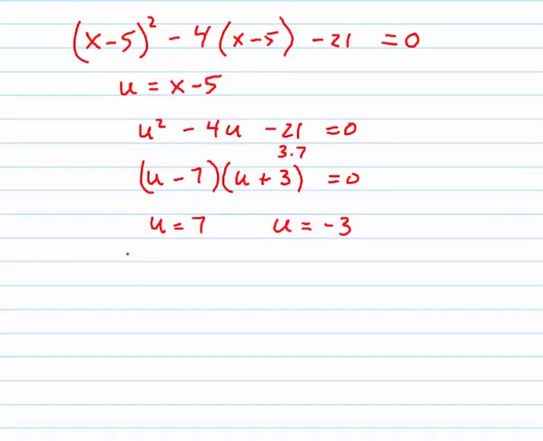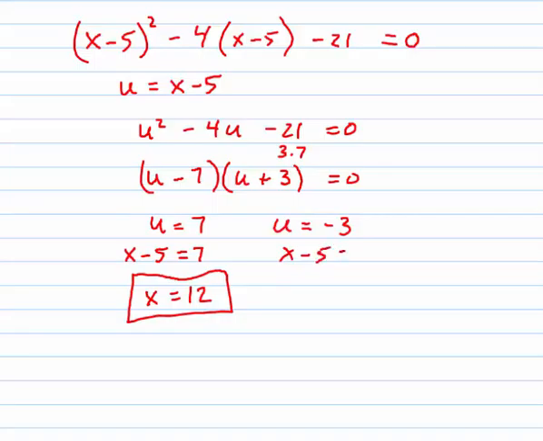Now, u was x minus 5, so x minus 5 is equal to 7. So x is equal to, adding 5, 12. There's one solution. Or x minus 5 is equal to minus 3, adding 5, x is equal to 2. There's another solution.